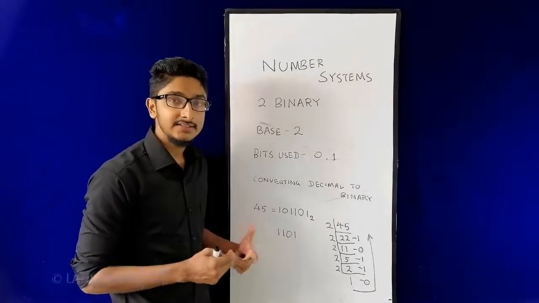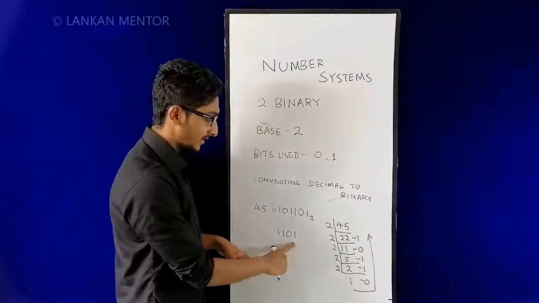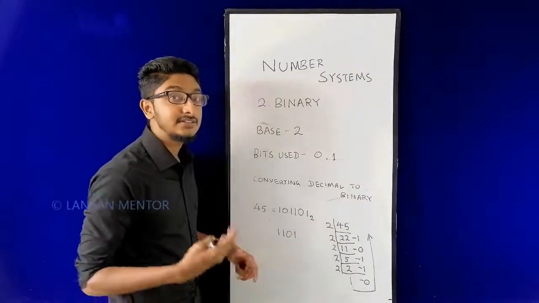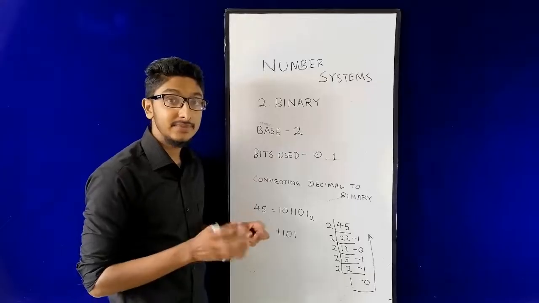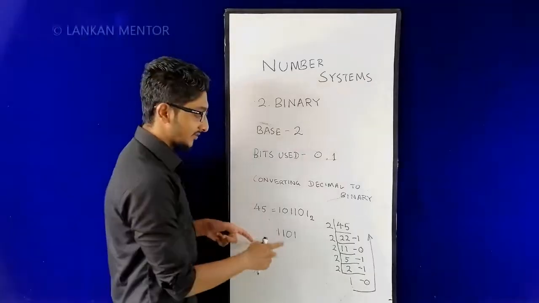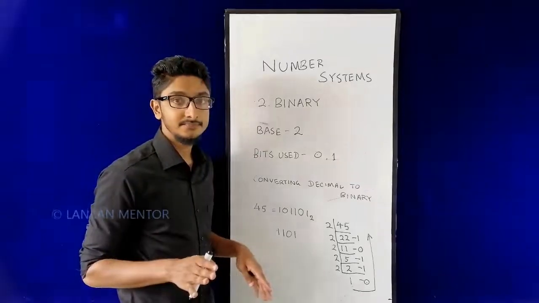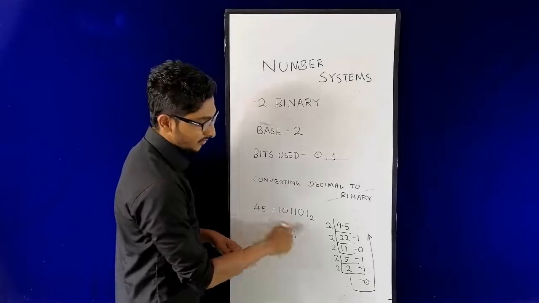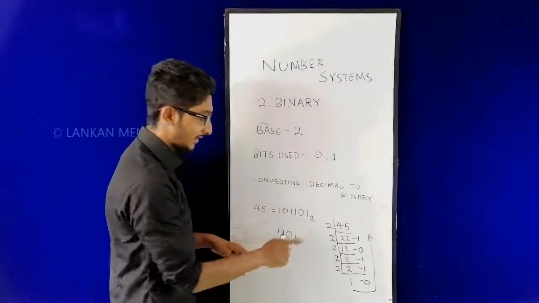We consider it a decimal number without a base, right? So you should write the base if it is a different number system. Binary is a different number system, decimal is different. So you have to put the base, or else no marks, right? Don't forget the base. So 1 0 1 1 0 1, base 2. Okay, right.